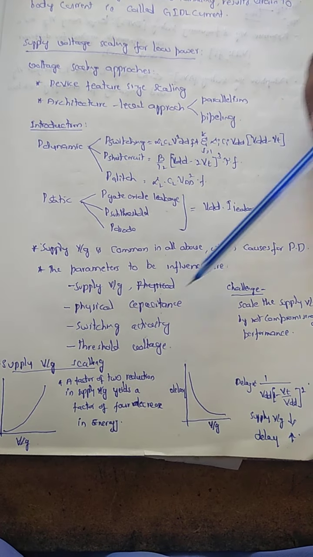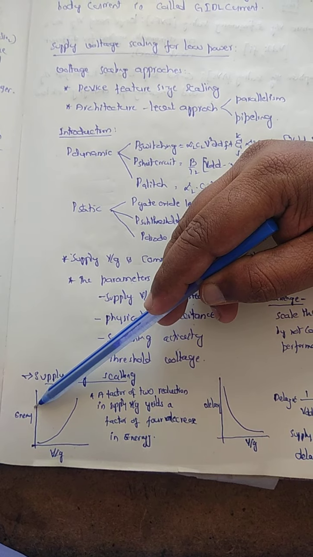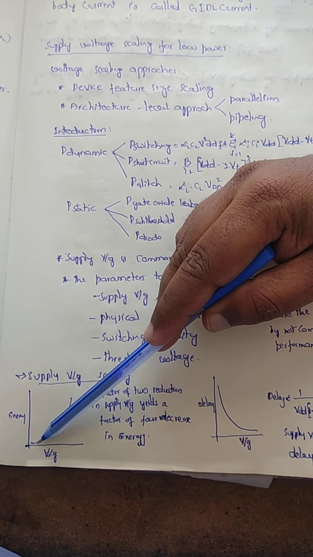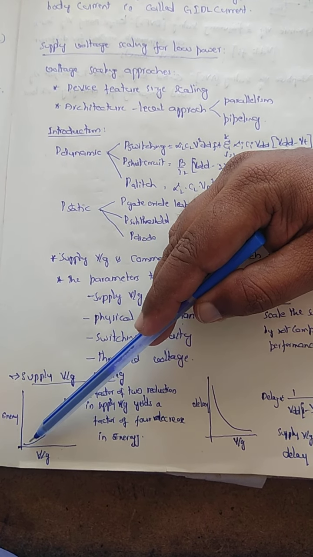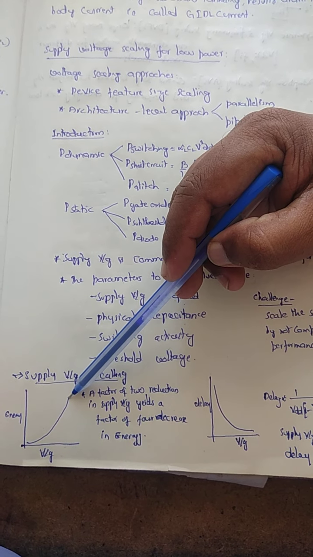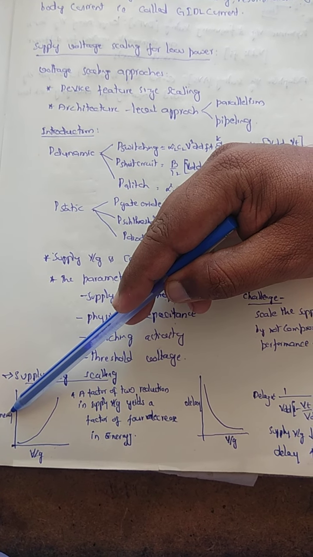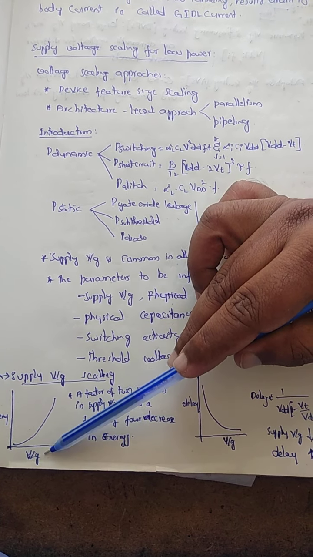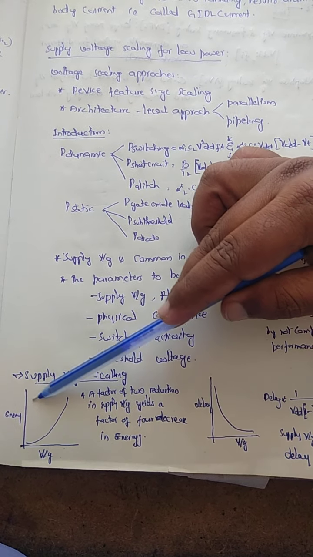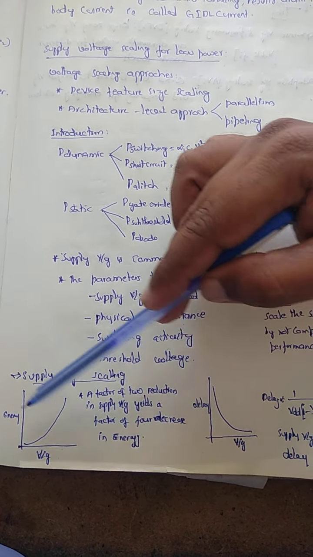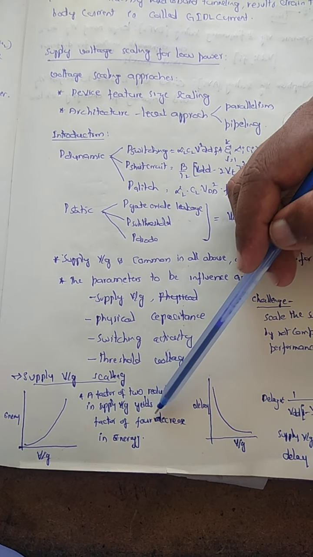If we plot the graph between the supply voltage and energy, when the supply voltage is less, the energy is less. When the supply voltage increases, automatically the energy increases. So if we reduce the voltage by a factor of 2, the energy decreases by a factor of 4.